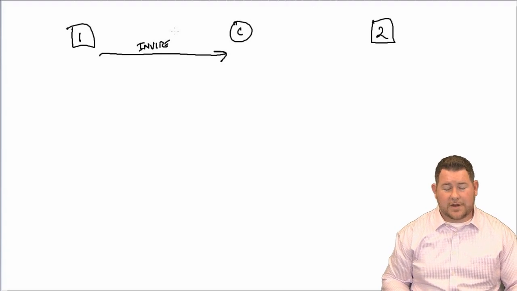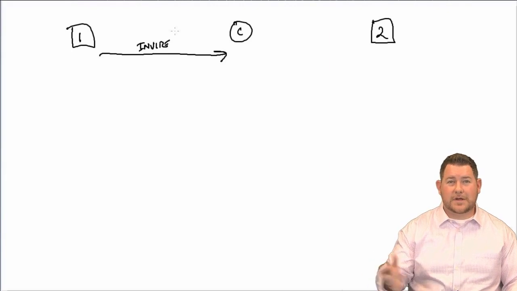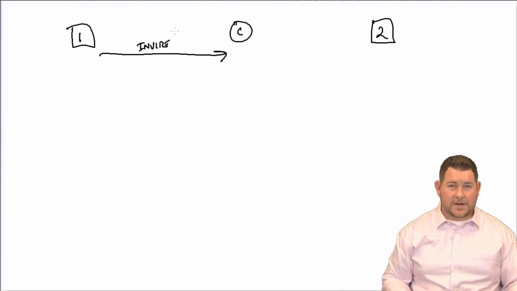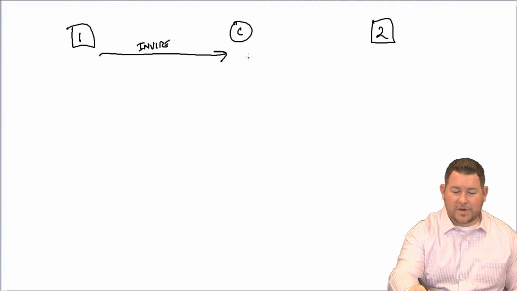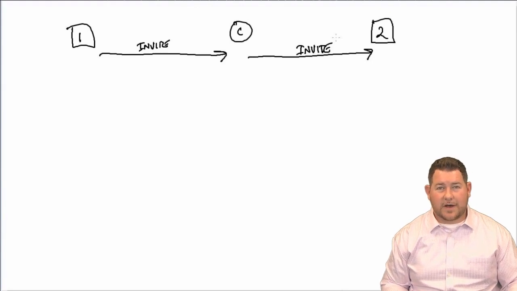Now, next, what's Cube going to do? Cube's actually going to take that invite and say, oh, thanks for the invite. I see that this is pointing towards endpoint 2. So I need to send this invite to endpoint 2. So Cube then is going to regenerate that signal and say invite to endpoint 2. So now endpoint 2 knows about it.